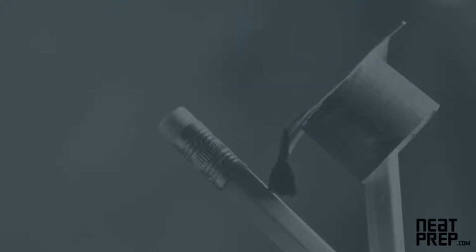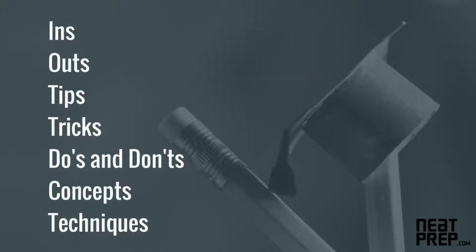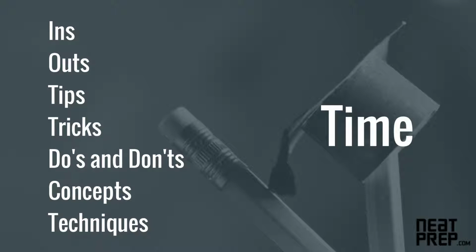These elements are not too difficult to memorize, but the ins, the outs, the tips, the tricks, the do's and don'ts, extracting and generalizing the most important concepts of every single question, the different techniques, these things take time. So we already did most of the work for you.